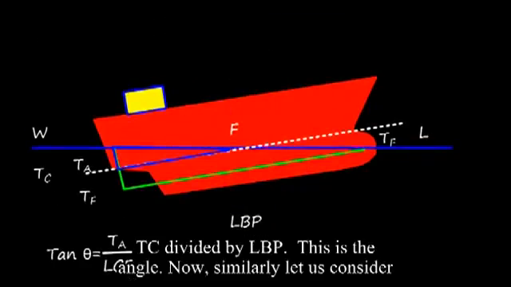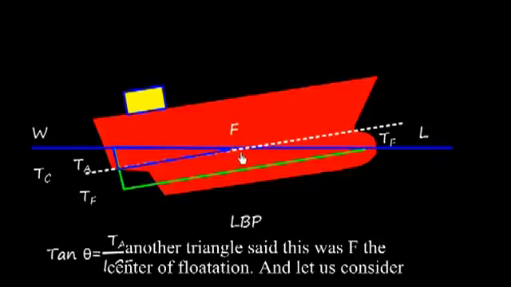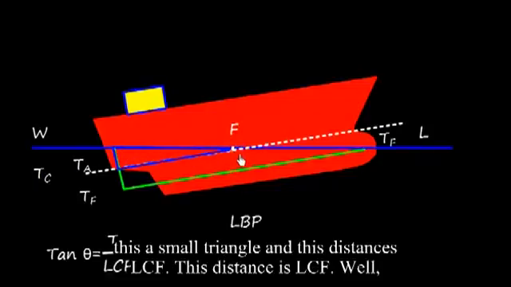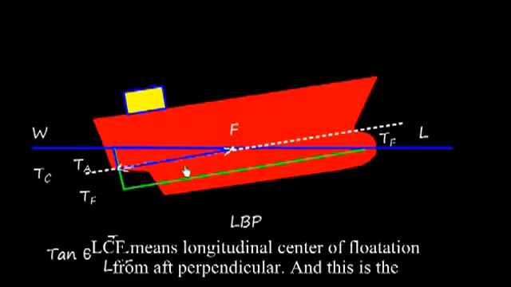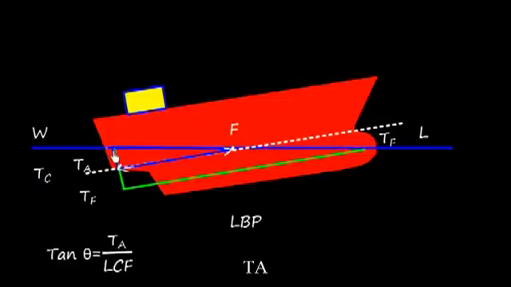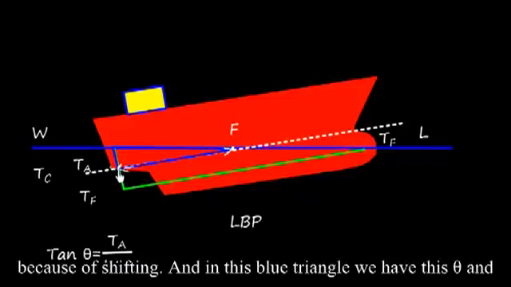Now similarly, let us consider another triangle. Say this was F, the center of flotation, and let us consider this small triangle, and this distance is LCF. Well, this LCF means longitudinal center of flotation from aft perpendicular, and this is TA, the change in the draft aft because of shifting.